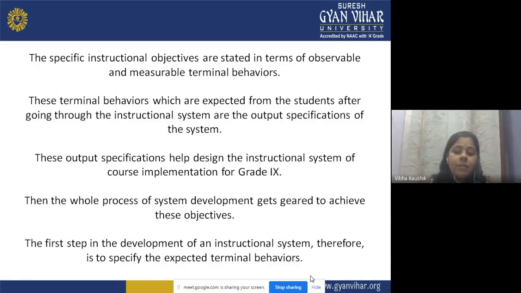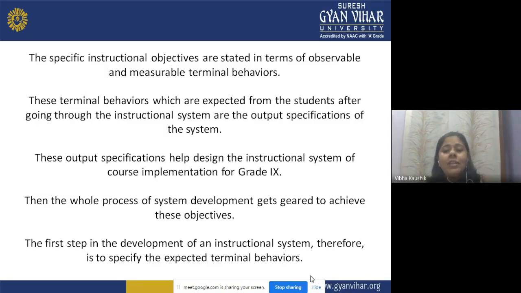These terminal behaviors expected from the students after going through the instructional system are the output specifications of the system. These output specifications help design the instructional system.